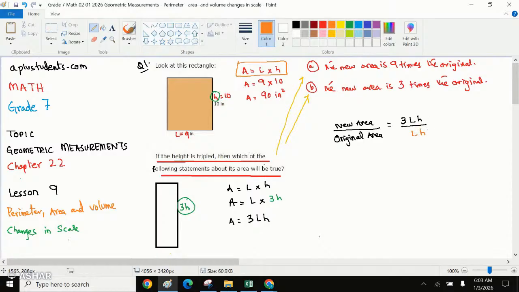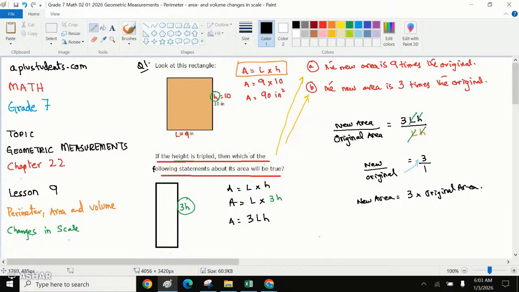Right? Agreed? So in this, we can cancel the length with the length and the height with the height. So we can say that new upon original is equal to 3 upon 1. And we can cross multiply, right? So we can say that the new area is 3 times the original area.